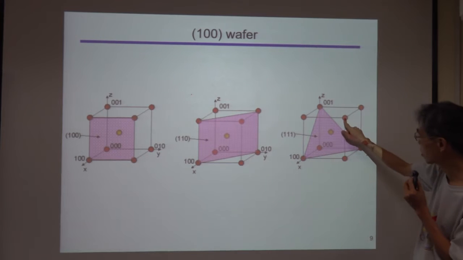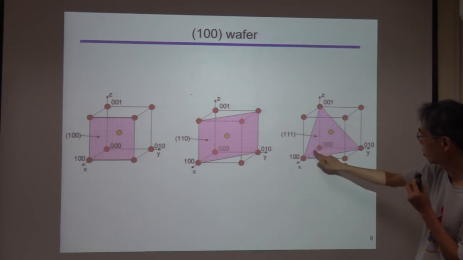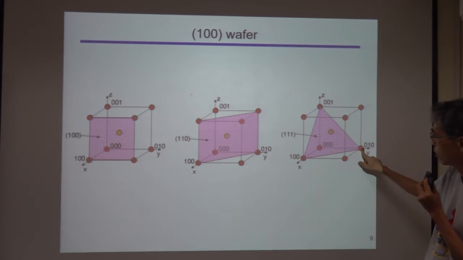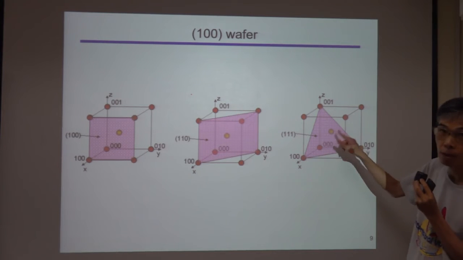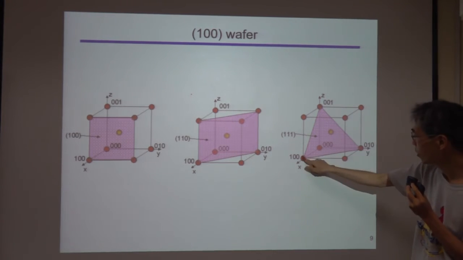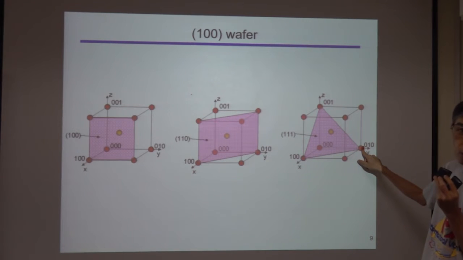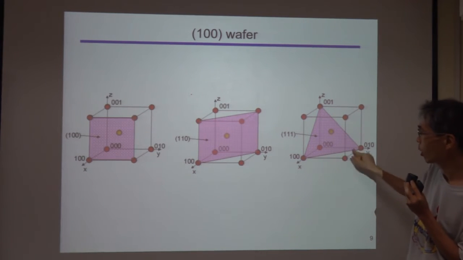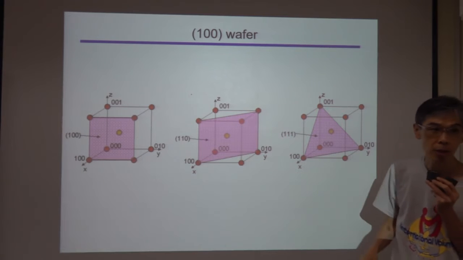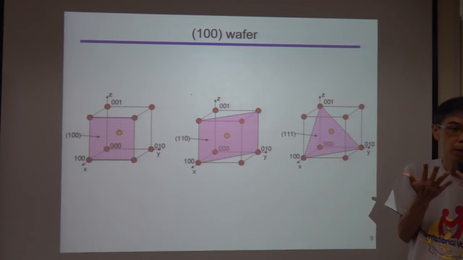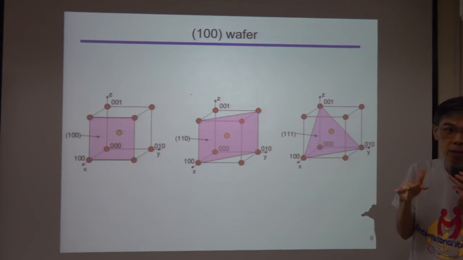For the surface passing this point and this point, it could be -1 -1 1, but for this surface -1 -1 1, and this surface 1 1 1, actually, they are the same. They are equivalent.